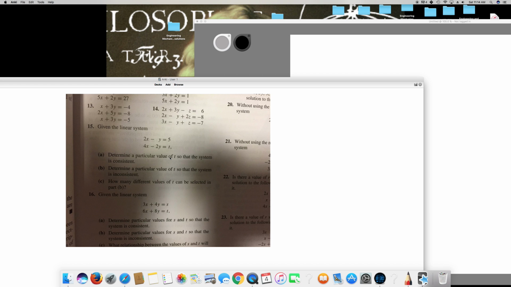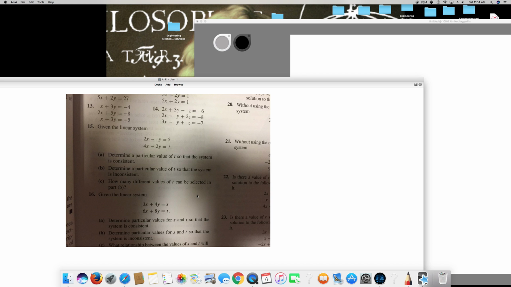To make the coincident, whatever equation we get should be a multiple of the other equation. If you see the first equation, it says 2x minus y equals 5, and the second equation is 4x minus 2y, so it's multiplied by twice.